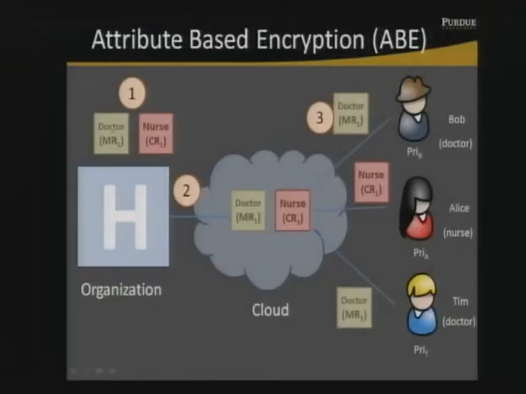So instead of doing duplicate encryption, here we do attribute-based encryption. In this case, the hospital will encrypt the clinical records once for the attribute doctor, and once for the nurses, and will upload them to the cloud.